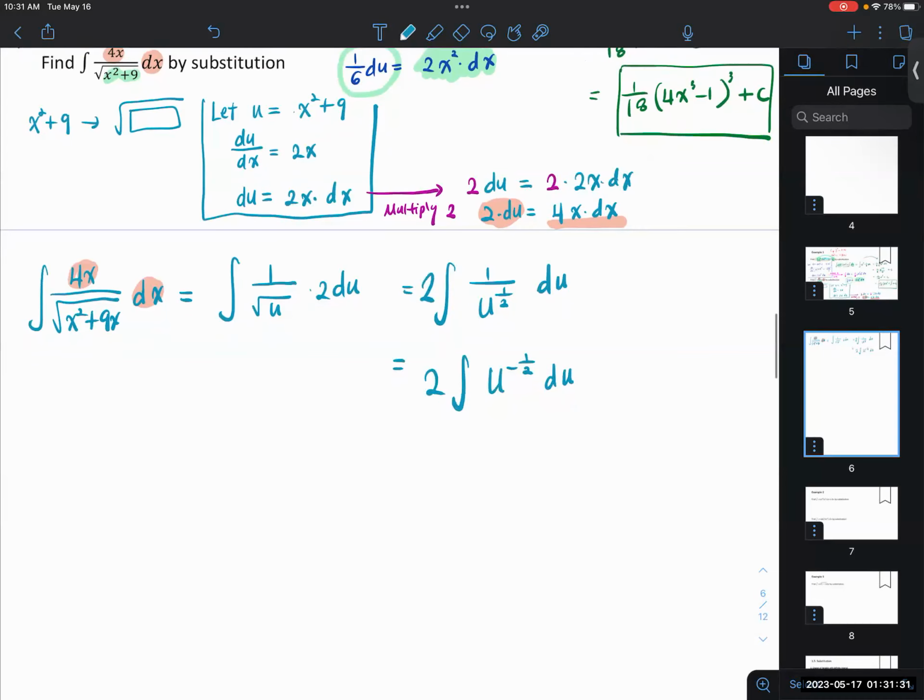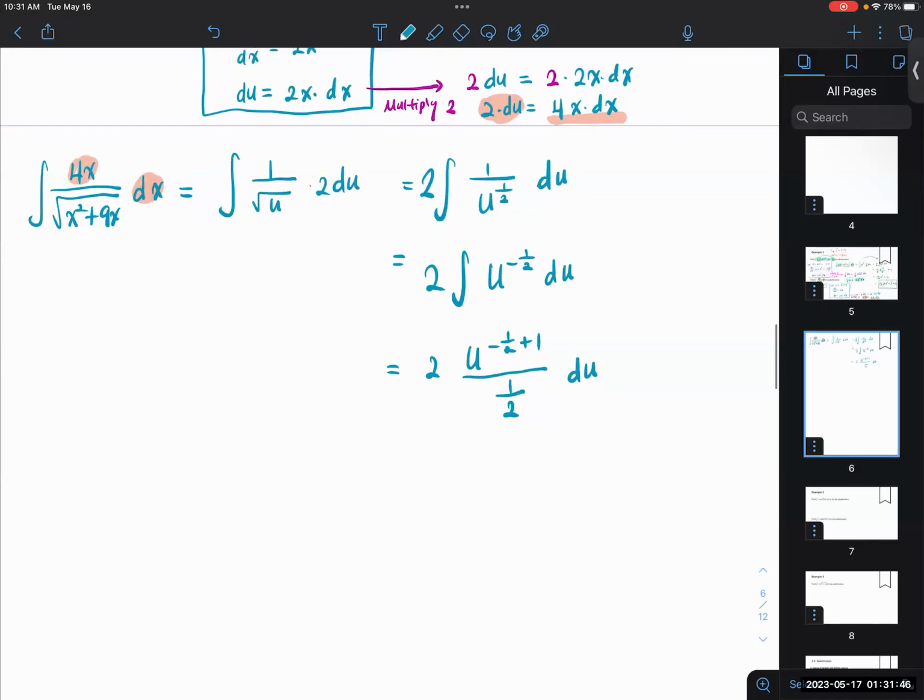So now you're going to take the integral. So u^(−1/2 + 1) divided by that exponent. Negative 1/2 plus 1 is a positive 1/2. So this is a little bit ugly. I can bring this denominator to the numerator, but then you have the reciprocal, so 1/2 becomes a 2.